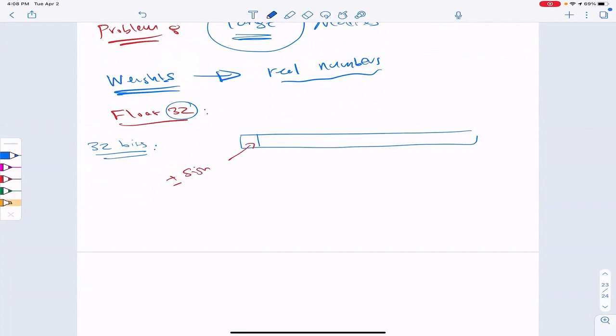We are going to have 8 bits for a part called exponent. And how many bits are left? So we started with 32 bits. We spent 8 bits on a part called exponent, 1 bit on sign. So we are left with 23 bits.